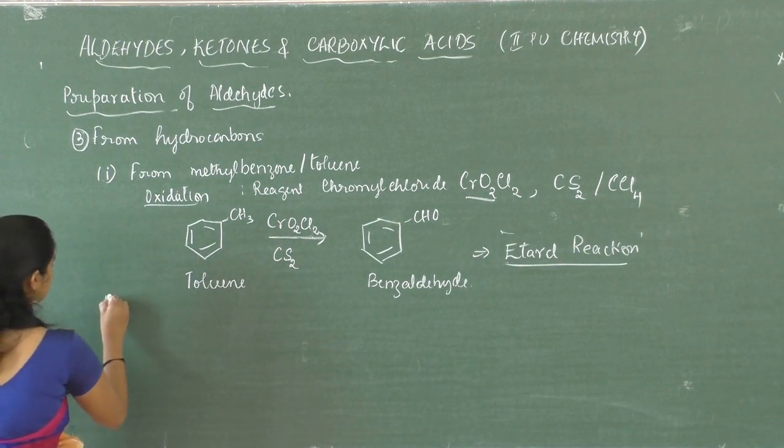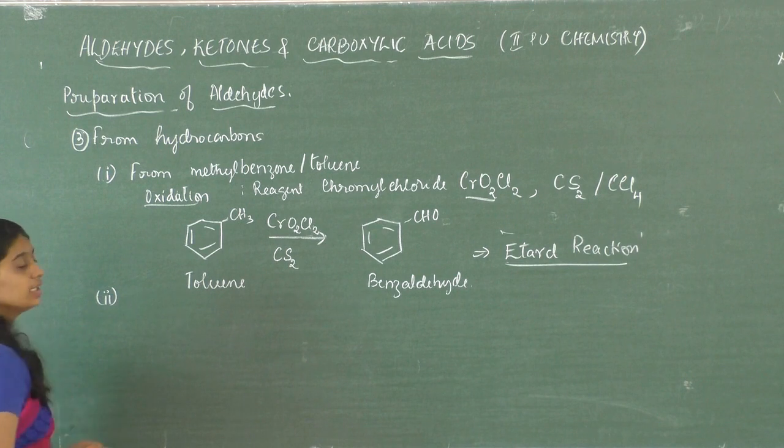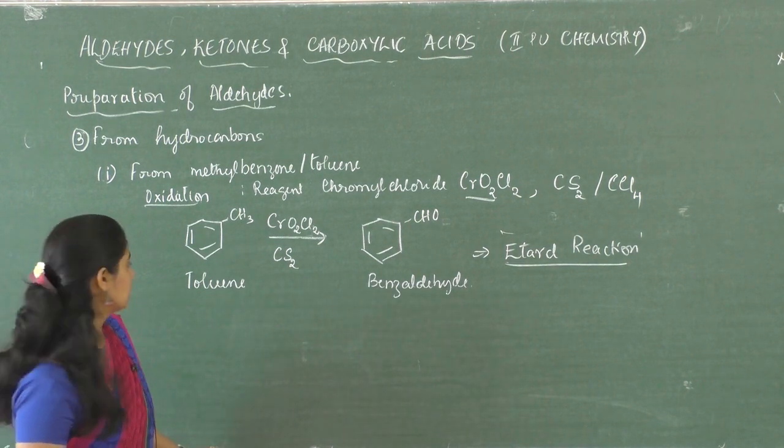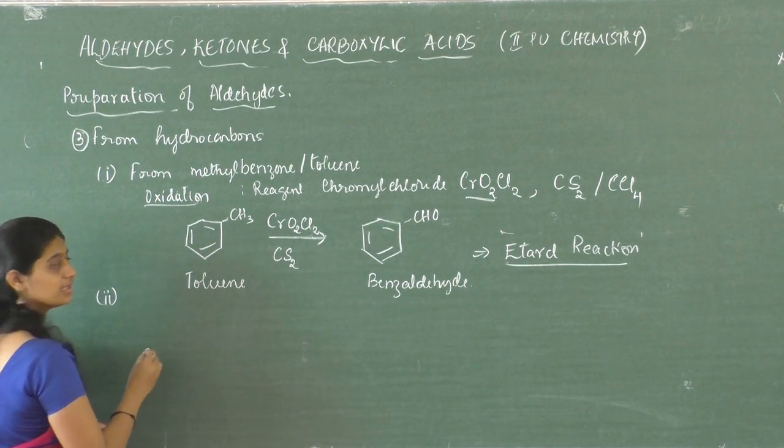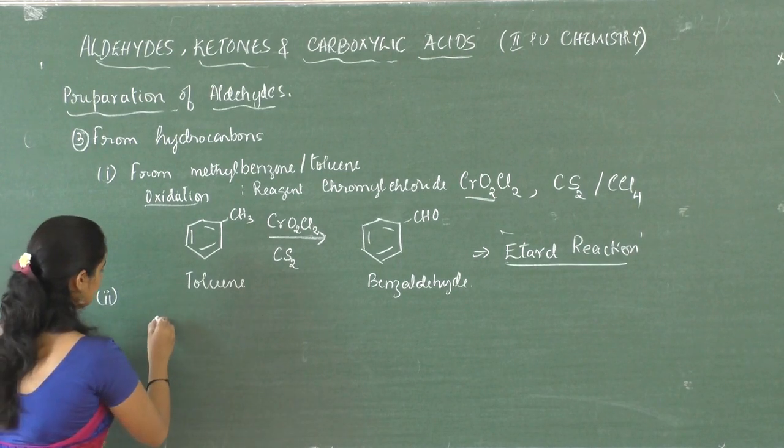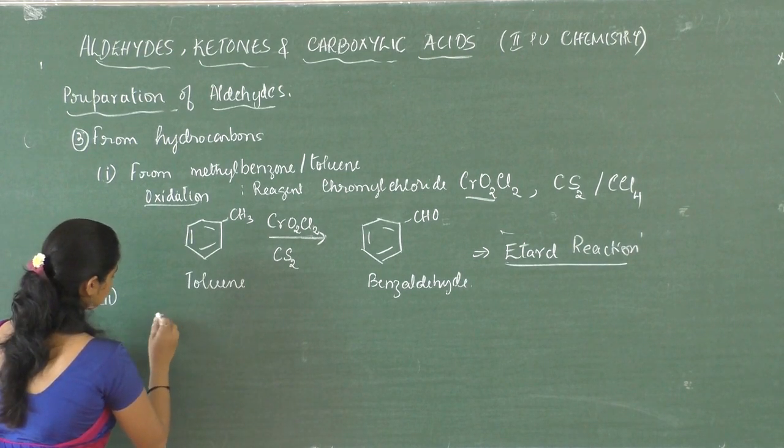So next is the side chain chlorination of toluene. Let us see how that reaction occurs.